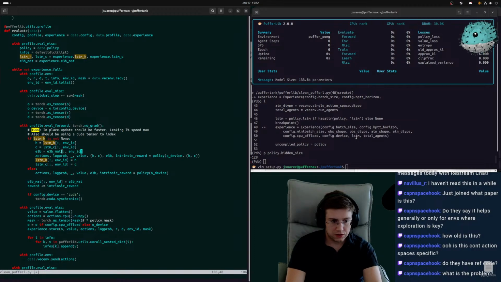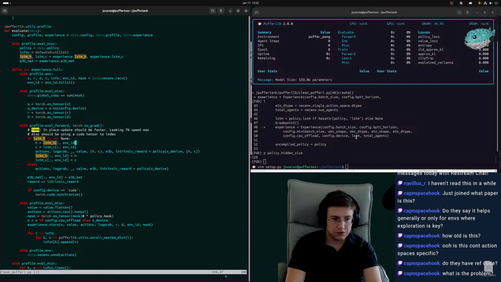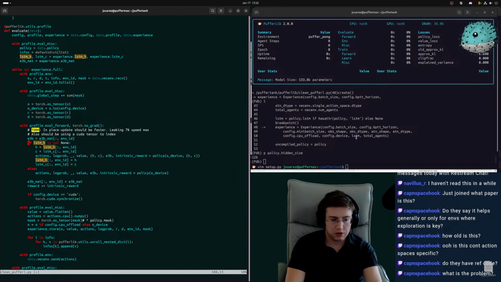You have to get this here, like so. And actually, this has to be done regardless of if you have an LSTM or not. So this goes up here. Okay, and then this goes E3B. Cool. And now this has to get propagated into the policy. Yeah, this has to go into the policy.